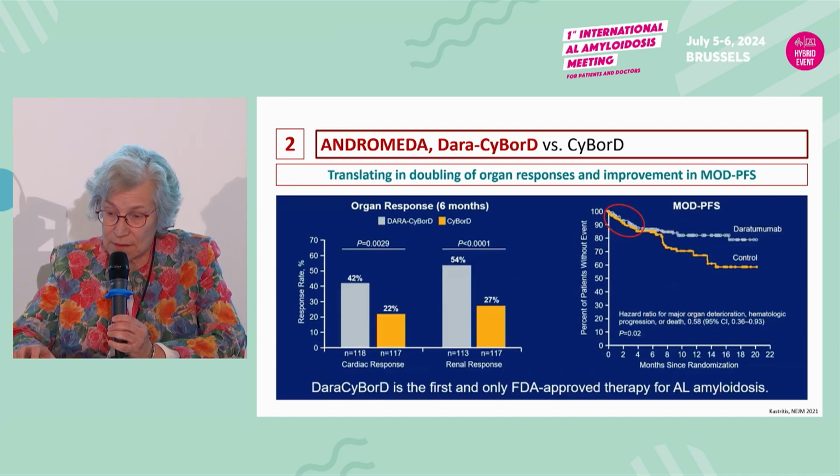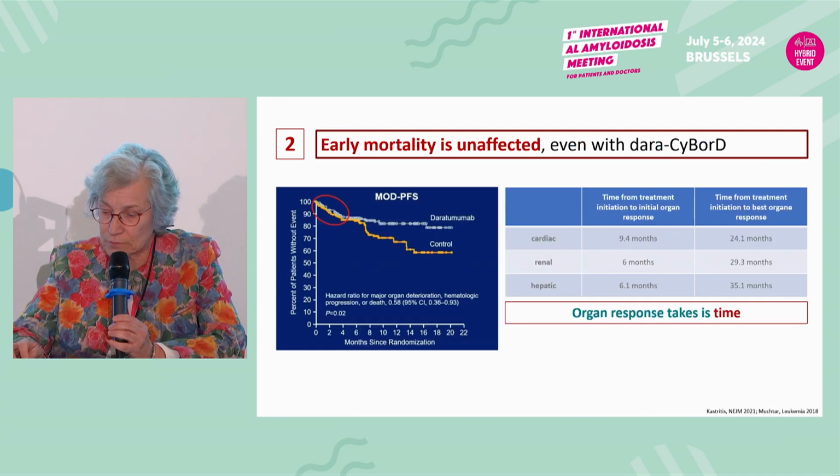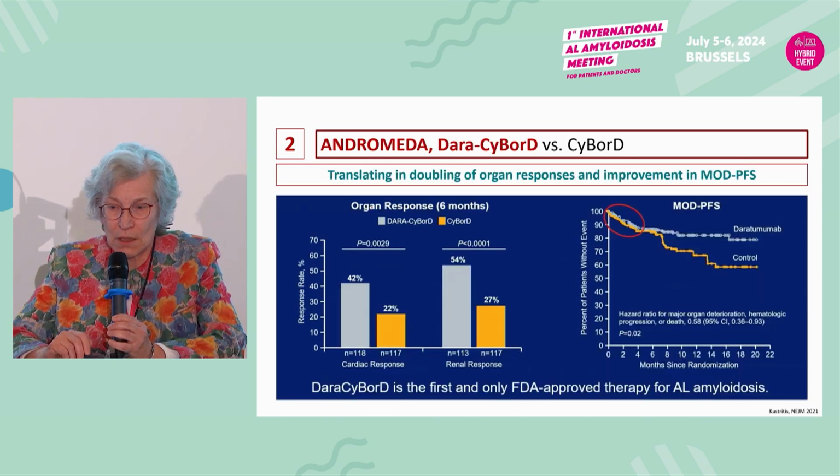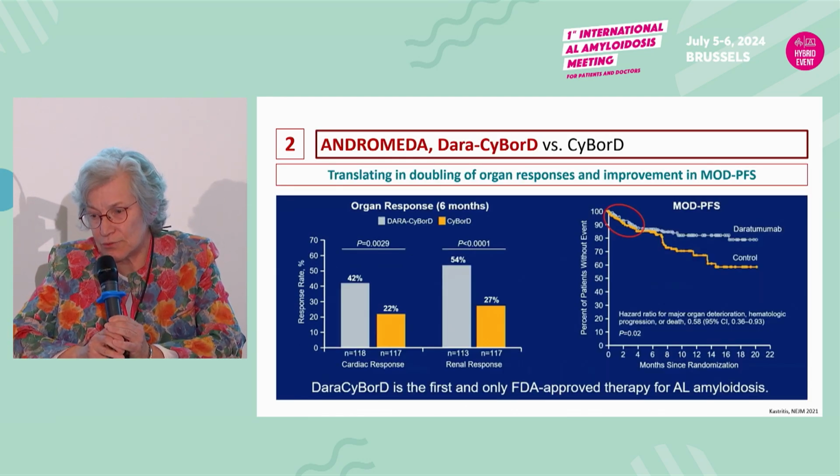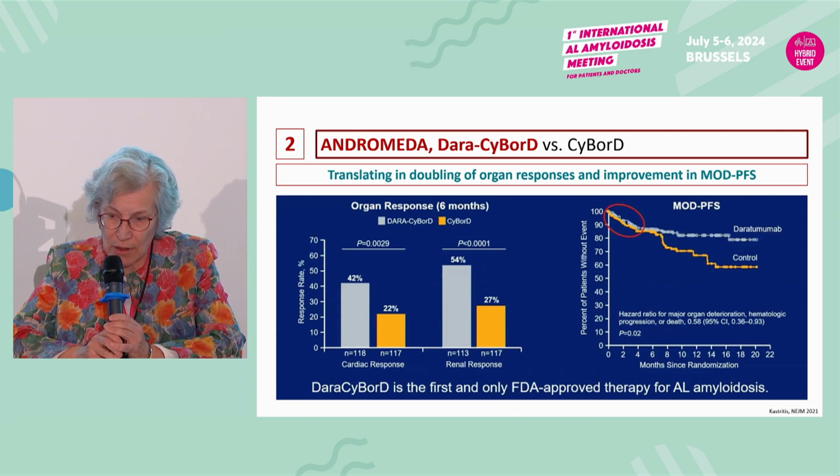And that translates in organ response that, as you can see on the left part of this slide, is twice higher in terms of cardiac response and renal response when you add daratumumab to CyBorD.